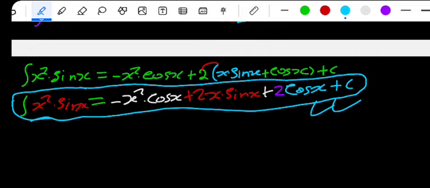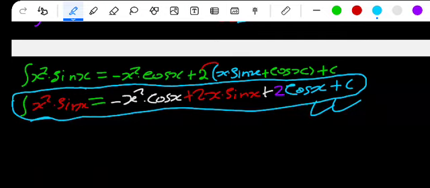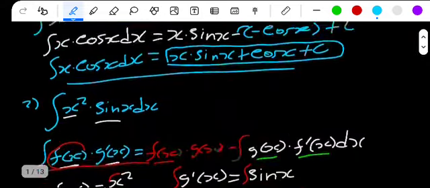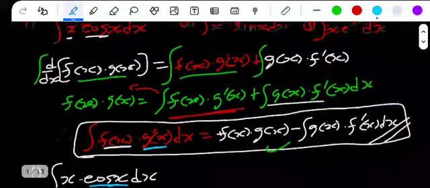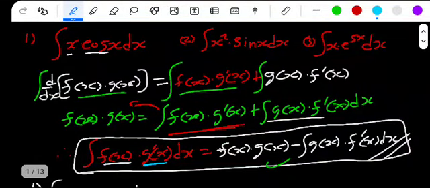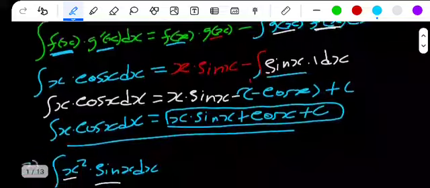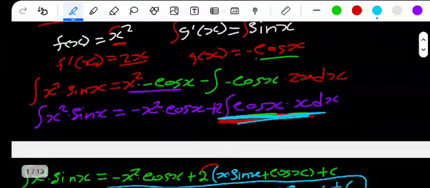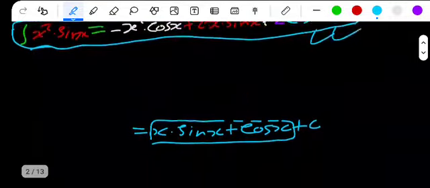What was the last question that we had? We're given the integral of x multiplied by e raised to the power 5x. All right, that is what we had there. We had the number 3.